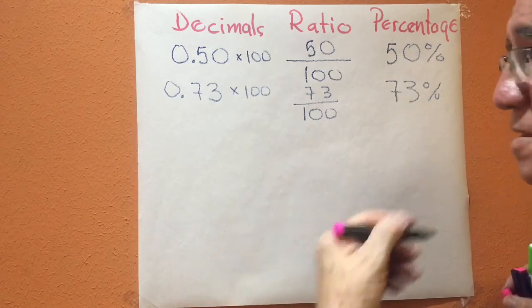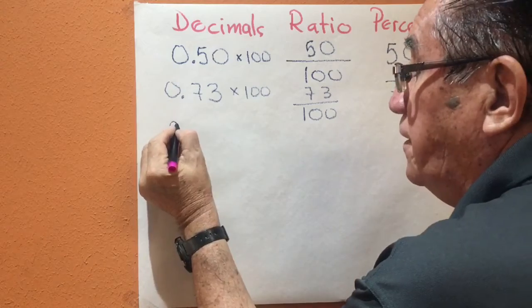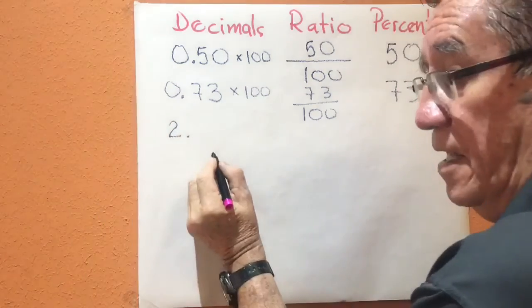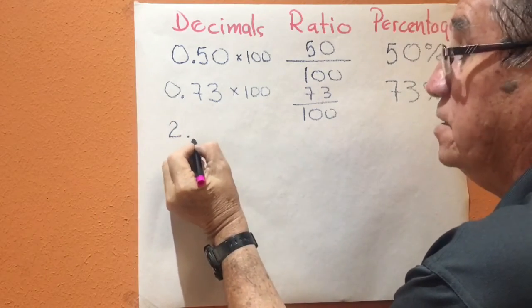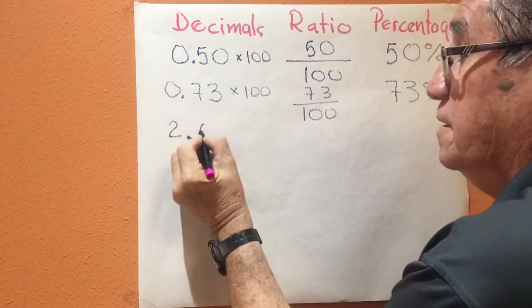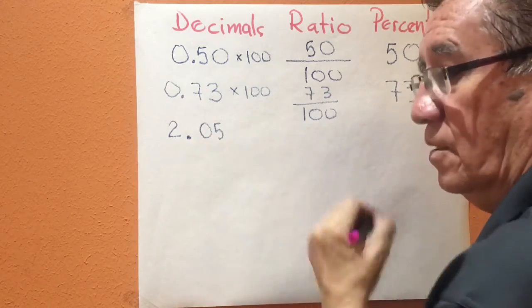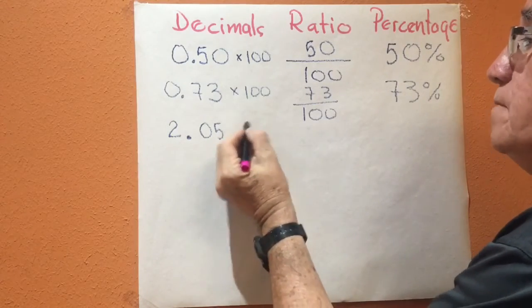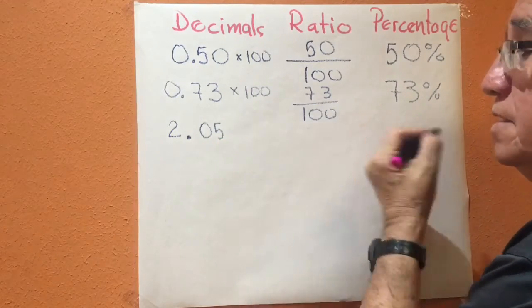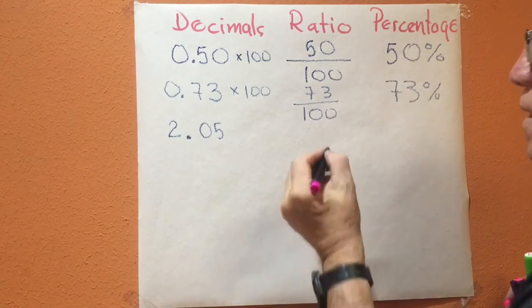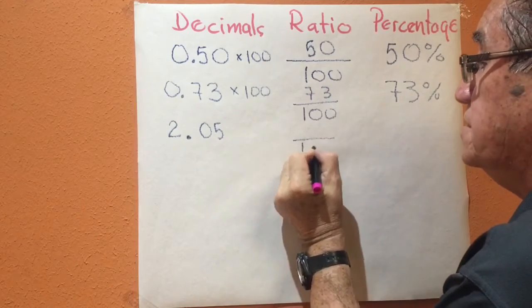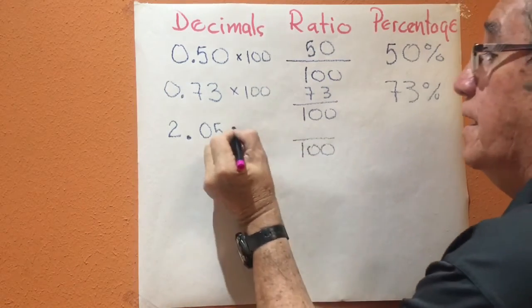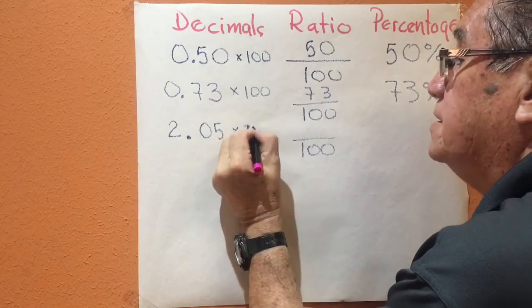Okay, what happens if my number is bigger than 0, like 2.50 or whatever, okay? Because if I add any number here or zeros, it doesn't make sense. Well, again, it's a ratio, I have to multiply by 100.